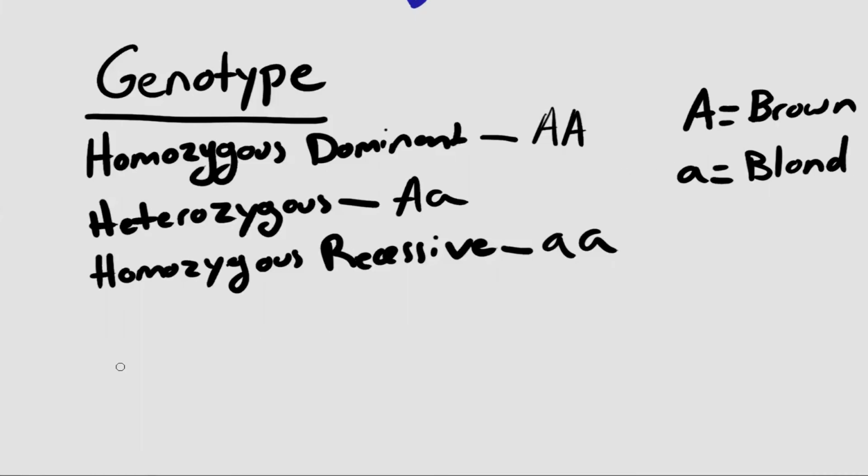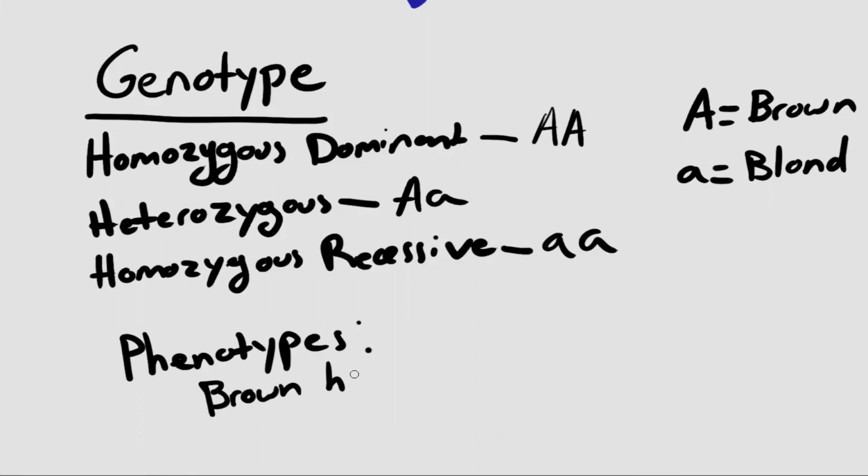All right, so when we're talking about phenotype with the specific gene, we really only have two phenotypes. You're either going to have brown hair or you're going to have blonde hair. Those are the only two choices, right? So with phenotypes, we could use the genotypes to infer what the phenotypes are. So having brown hair. What two alleles do you need to have brown hair?